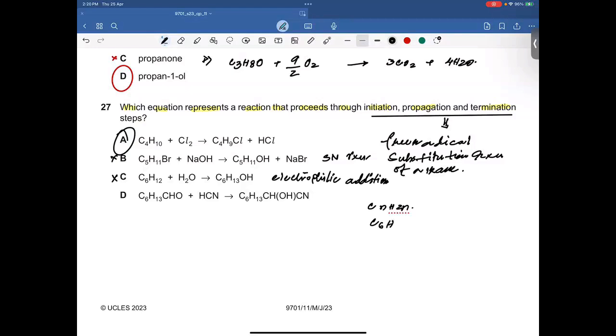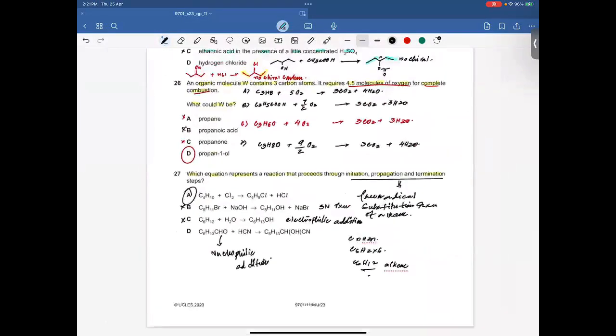Apply C6H2 times 6, C6H12. So it's basically an alkene. An alkene always undergoes electrophilic addition. Now this is an aldehyde, and aldehyde undergoes nucleophilic addition. So nucleophilic addition never undergoes initiation, propagation, and termination. I hope it makes sense to you.